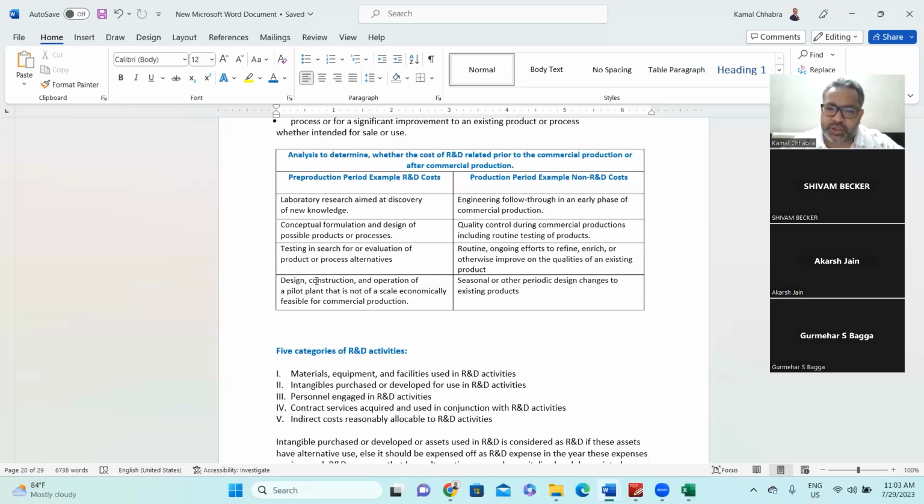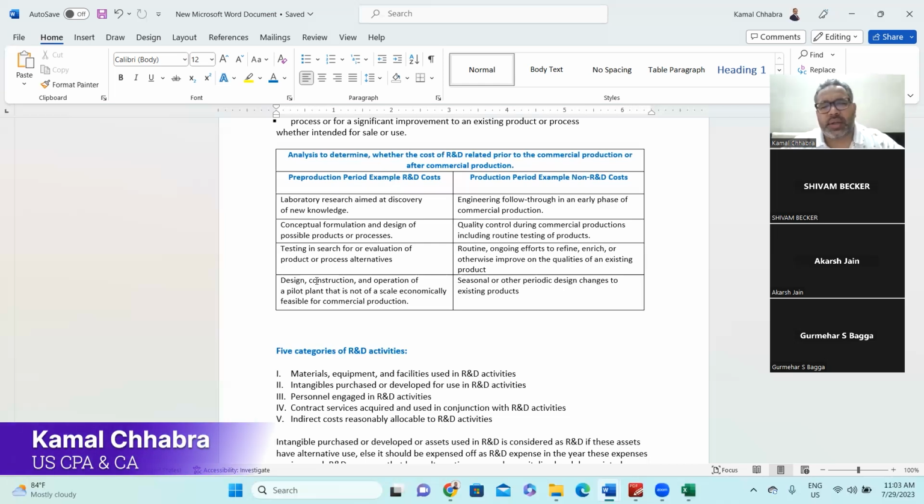Second is post-production expenditure. For example, engineering follow-through in the early phase of commercial production. That means once you have started commercial production, any improvements you make for better commercial production, or any quality controls during commercial production, including routine testing of the production you are making. Third is routine ongoing effort to refine, enrich, or otherwise improve the quality of an existing product.